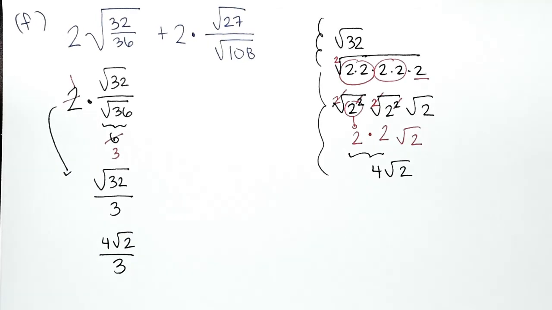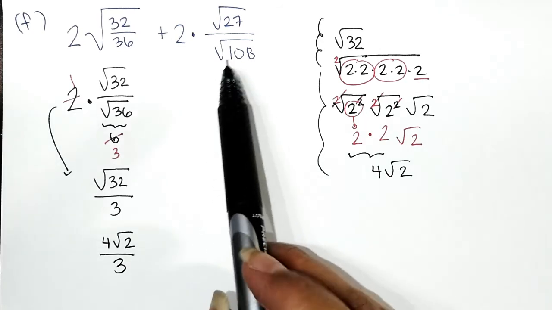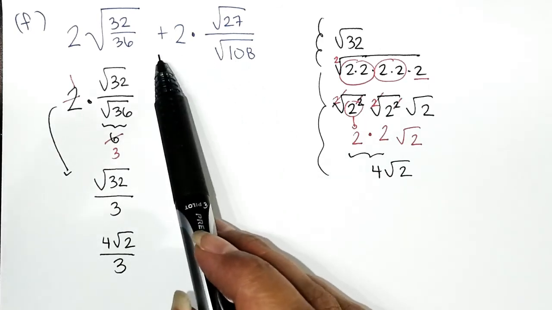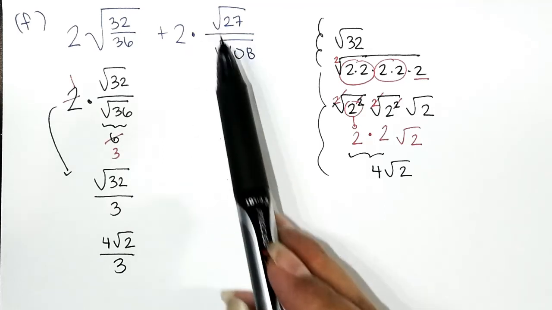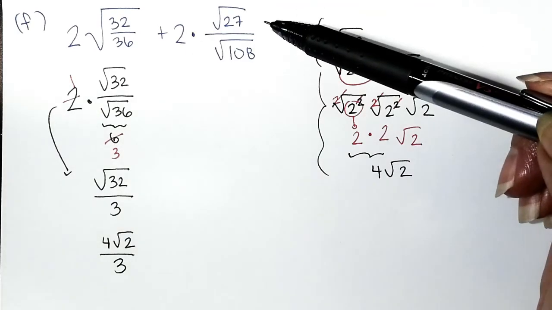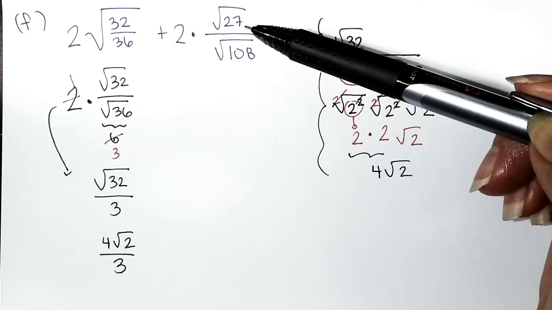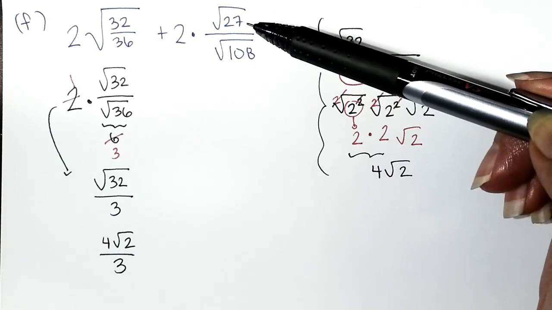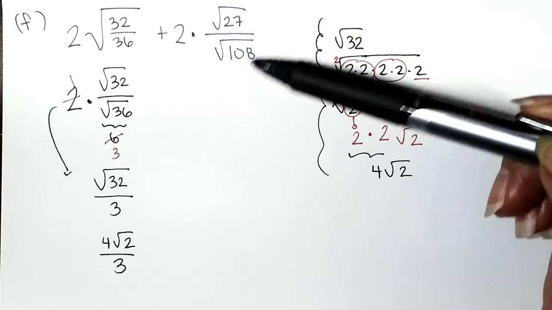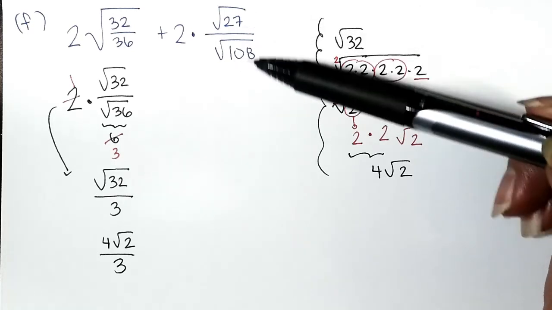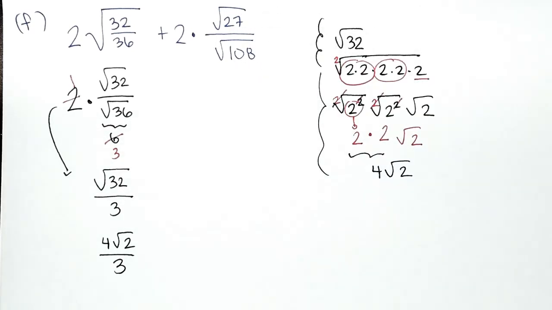Now let's go ahead and attack the second one. On the right side of the plus sign, we got 2 times this division problem. Now I want to point out that 27 and 108 do have common factors other than 1, but I don't feel so comfortable canceling them out because they're not housed under the same radical. So we are going to use the quotient rule in reverse to write it under a single radical.